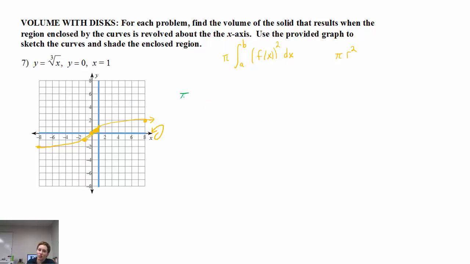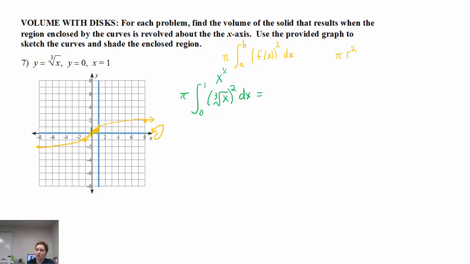So when we set this up, we put the pi on the outside, and the pi is just going to hang out pretty much the whole time. Our boundaries are on the left 0 and on the right 1. And then we want to use our function, which is the cube root of x, and we want to square that. Now we've done the square root of x recently, and we said the square root of x was a 1/2 power.